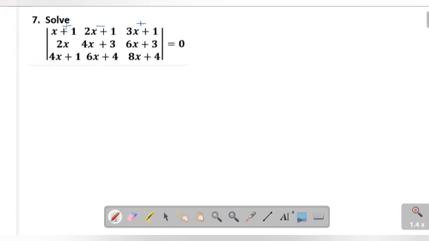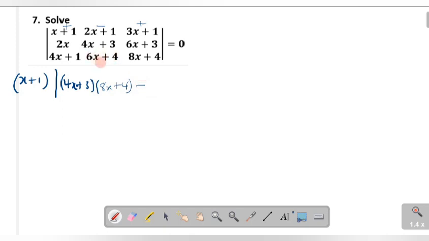You're going to have x plus 1 into, so take note that the sign is plus, you multiply, since you cancel out this and this, you are left with, so you multiply this by this, so you're going to have 4x plus 3 times 8x plus 4.